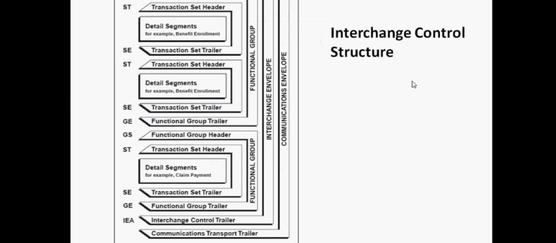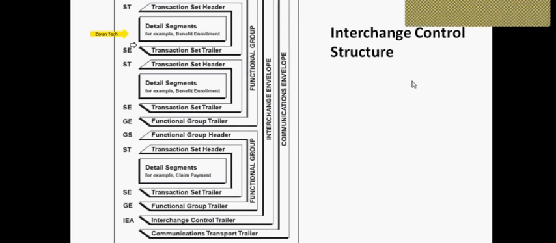All right. So this picture shows how the different segments are within the loop, right? So if we go back, for example, here, let us talk through some of the inner details, like segment details. This is where the claim information will be. That means the inner service lines, and then your transaction set.